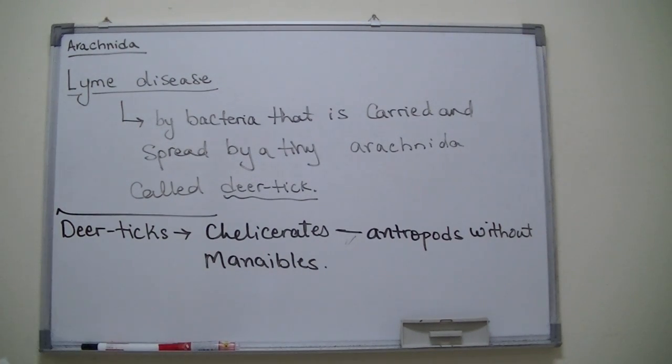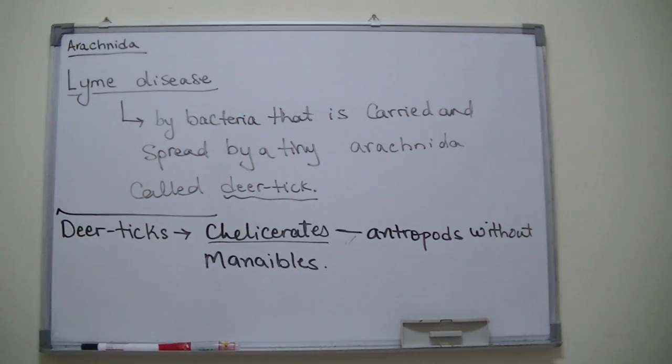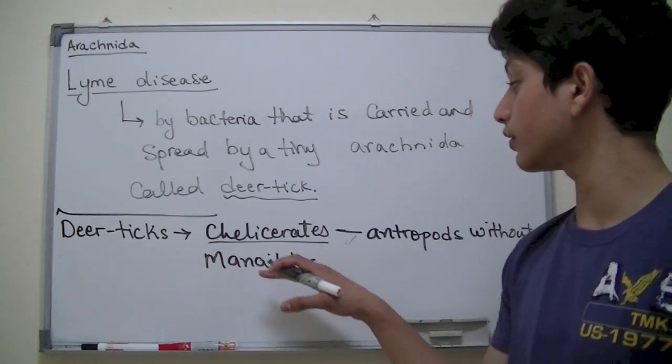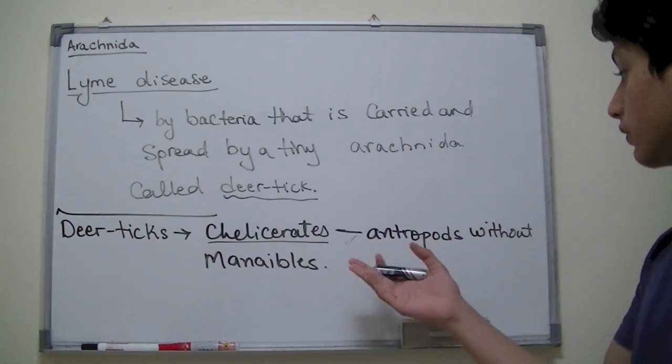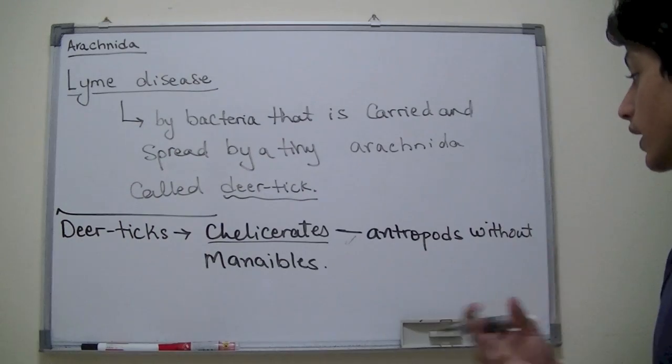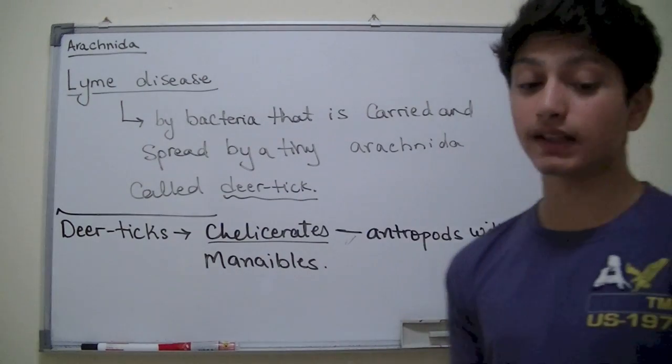Okay, so if you're still confused about what chelicerate means, I want to explain for those people who still don't understand what deer ticks are. Basically, it's a chelicerate, and chelicerates are arthropods without mandibles. So what exactly are chelicerates?